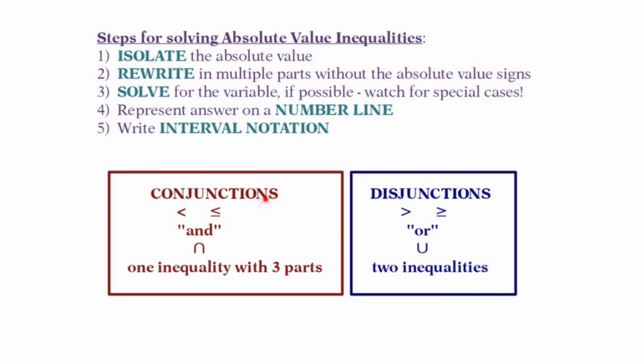When they call it a conjunction, it is an "and," it is this symbol, or it's one inequality with three parts, the tripartite. If it's a disjunction, it's an "or," it's this symbol, and it's two inequalities. So one going this way and one going this way. Okay, this will make more sense when you see a couple.